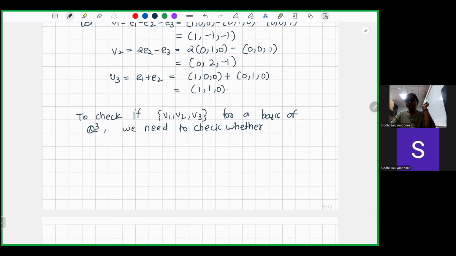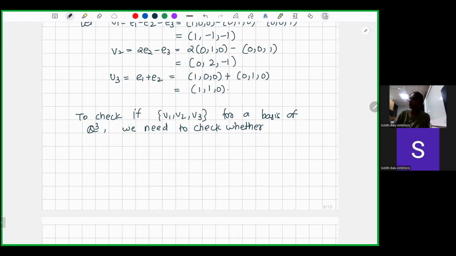So if something generates the vector space, it has to have a cardinality at least equal to the dimension. And if a set is linearly independent, the maximum cardinality it can have is the dimension. Okay, and here we have 3 vectors, so we have a set of cardinality equal to the dimension of the given vector space. So to conclude that this is a basis, it is enough to check that it is a linearly independent set. So that's what we will be doing.